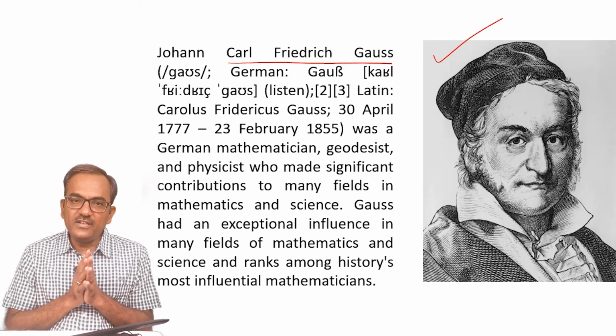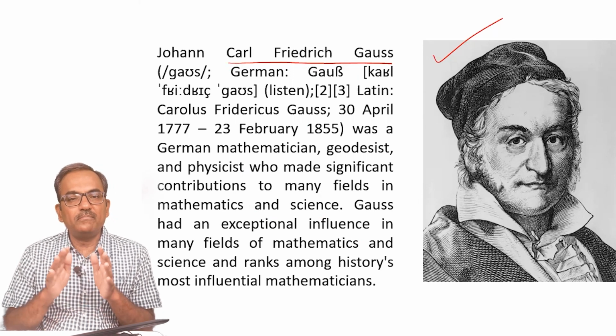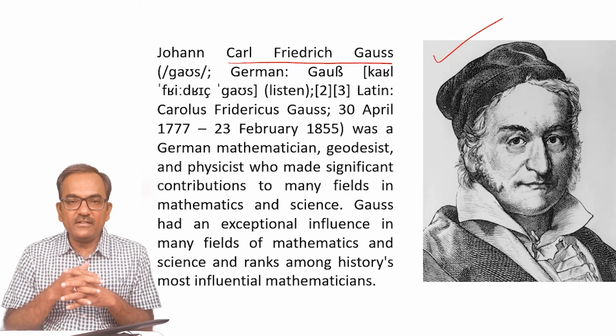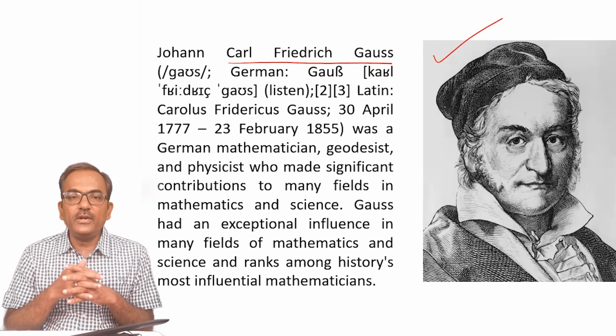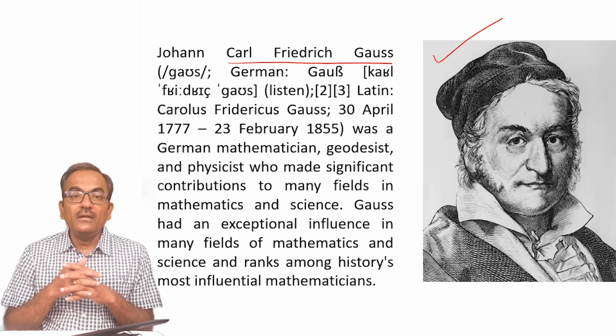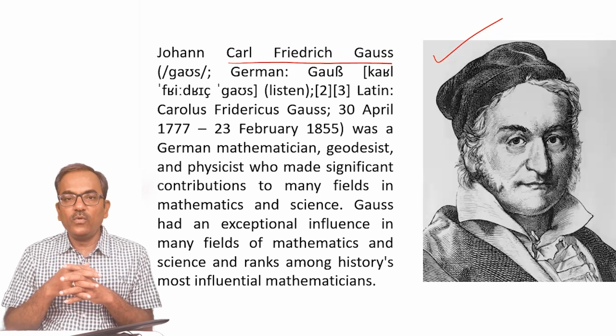The teacher's intention was to make the students busy for 15 to 20 minutes so that he could look into his own work. And he never thought that anybody would come before 10-15 minutes. But to his astonishment, Friedrich Gauss stood up and gave the answer for the sum from 1 to 100 as 5050.